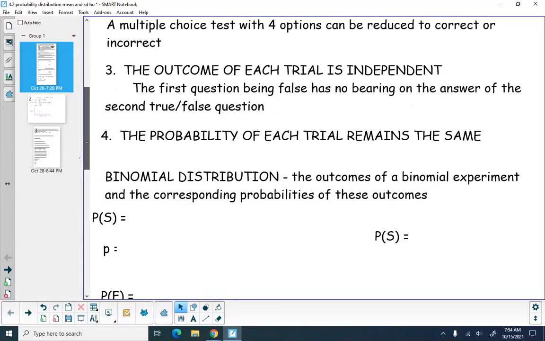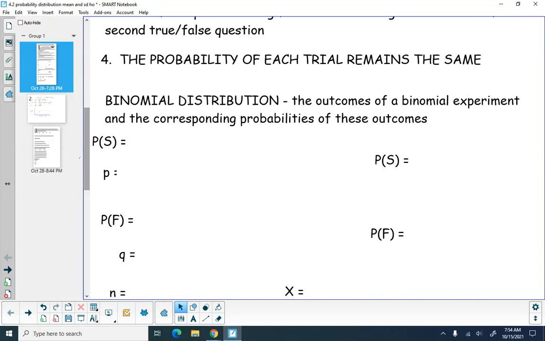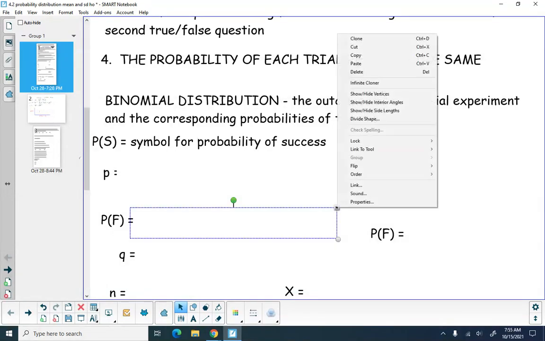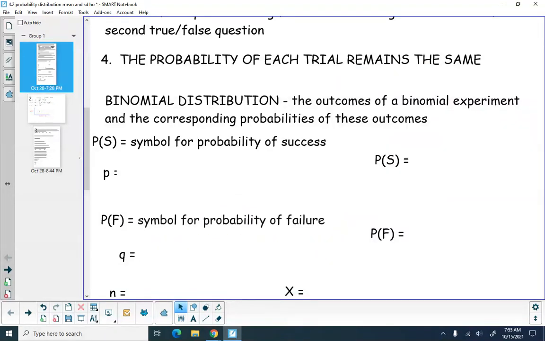Now, how I will describe the two options: you have one of two things. You have P of S, which is the probability of success, or you have P of F, which is your probability of failure. You're either going to have success or you're going to have a failure. That's the easiest way to describe it.